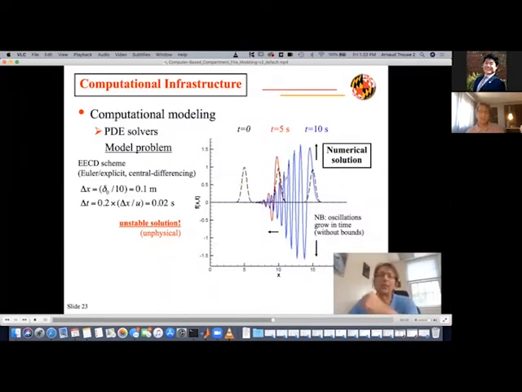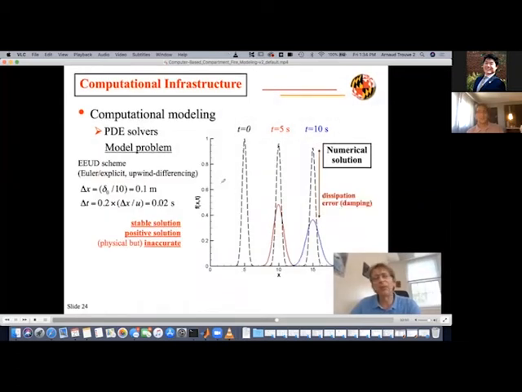The fact that simple schemes fail and lead to an unstable solution shows that you basically need the help from applied mathematics to be able to develop a correct and accurate numerical algorithm. So the scheme I showed here was the simple scheme you can try. It's a scheme that is called explicit in time and using central differentiation in space.